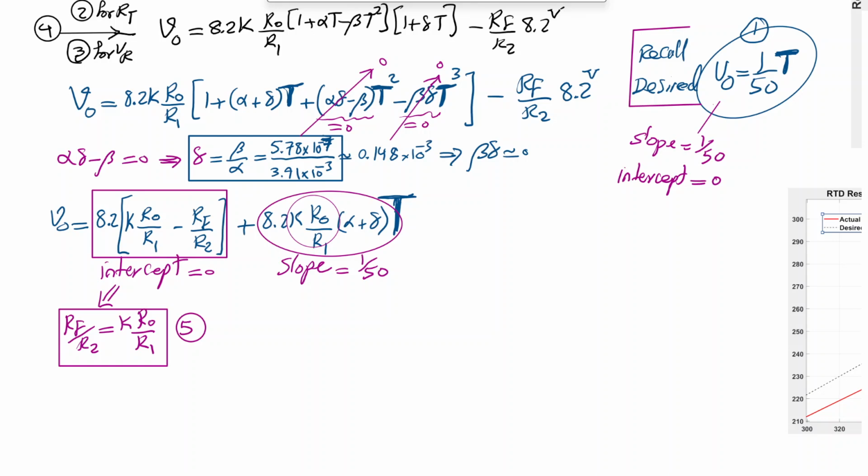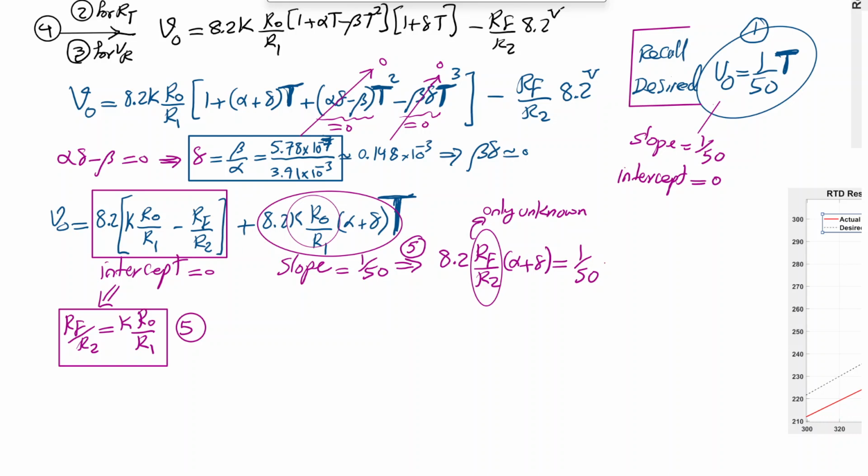So therefore, from this outcome, we're going to get 8.2 times, using equation 5, obviously, 8.2 times RF over R2 times alpha plus gamma equal to 1 over 50, the slope. The nice thing is this thing is the only unknown.